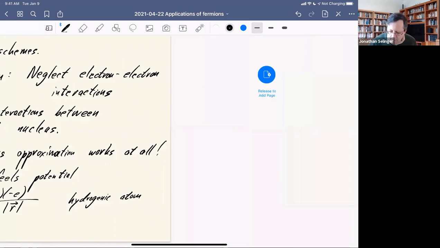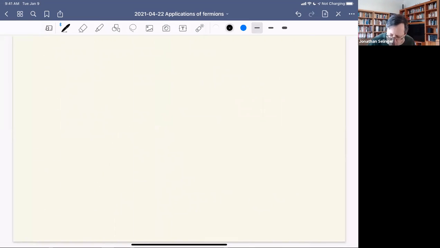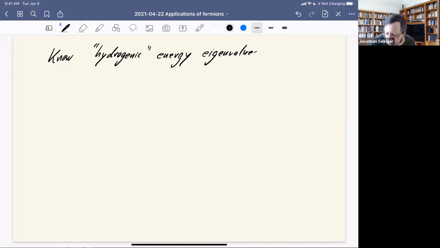And so you know that there are eigenvalues and eigenstates. So there are the hydrogenic energy eigenvalues, which depend on a quantum number n.